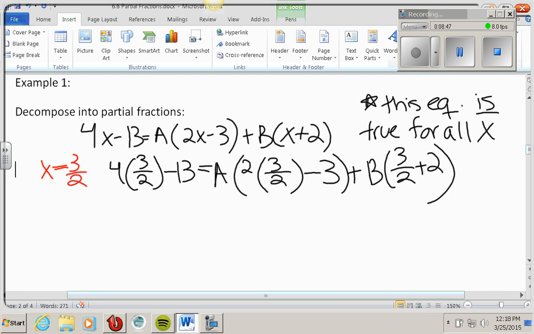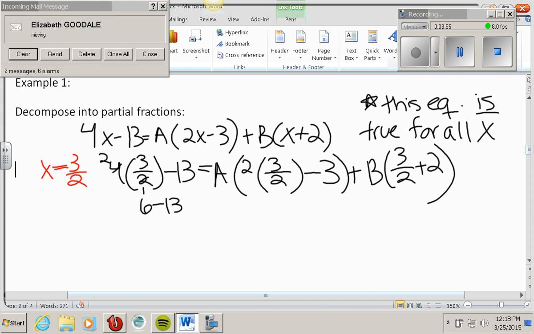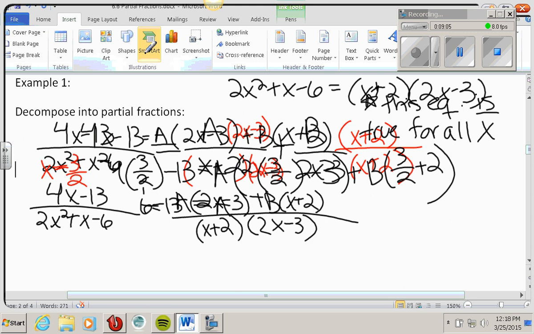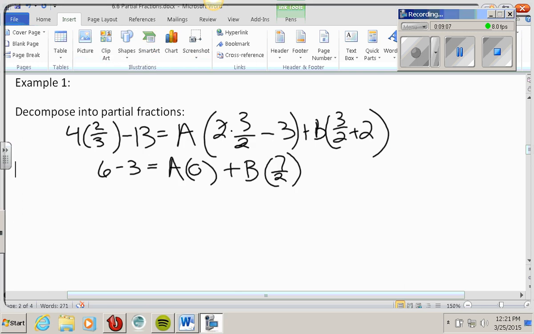All right, and we will continue to simplify. Six minus 13 on the left. Sorry about that. We had a little problem, so we're starting here.